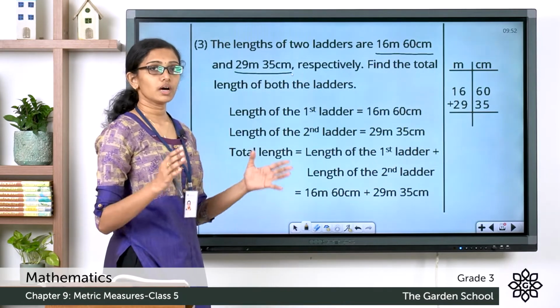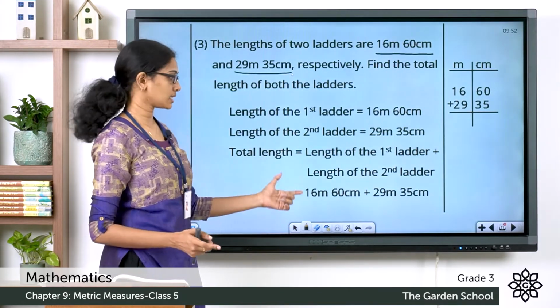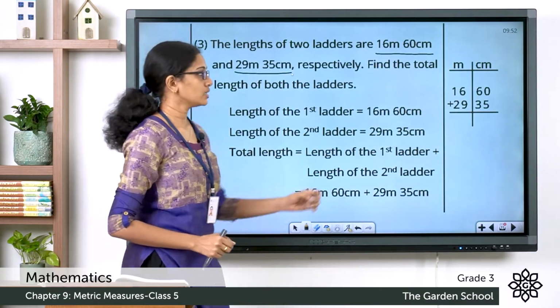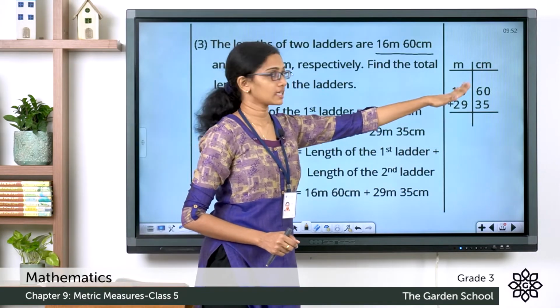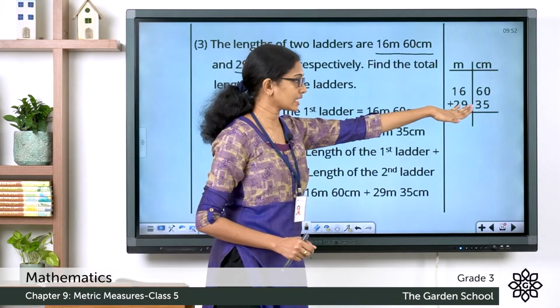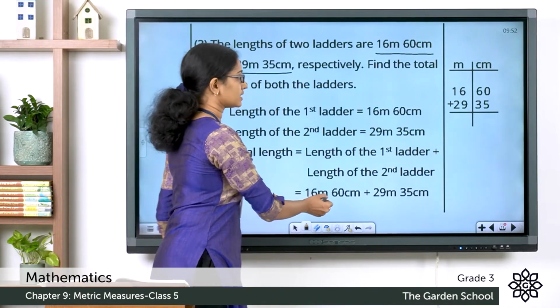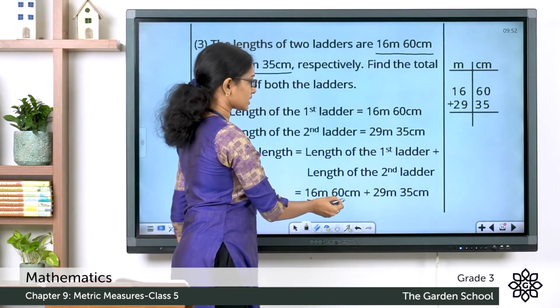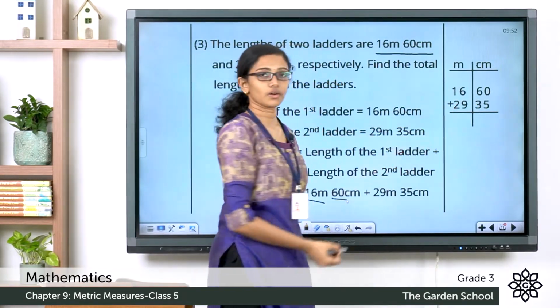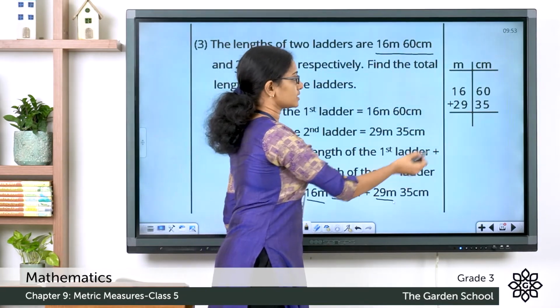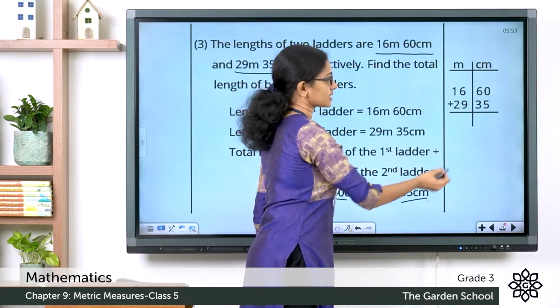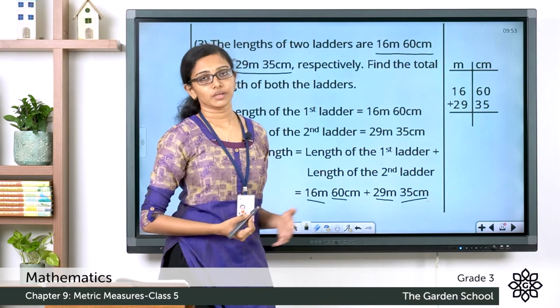Now what do we do? We have to write the measurements in proper columns of unit. So we have written the measurements in the proper columns of units in a grid. See, 16 meter in meter column, then 60 centimeter in centimeter column. Now 29 meter in meter column, 35 centimeter in centimeter column.